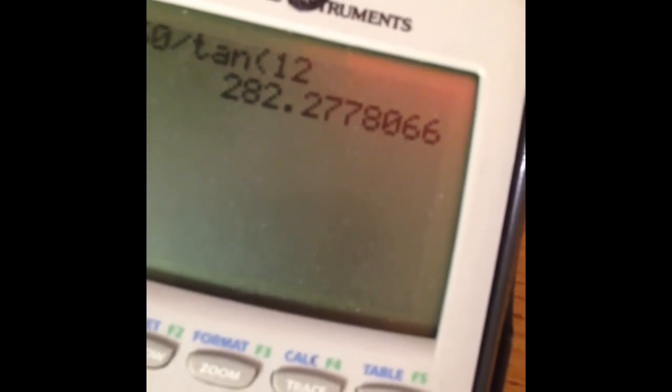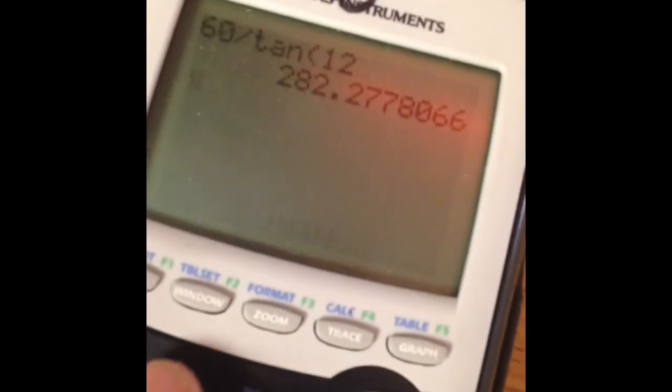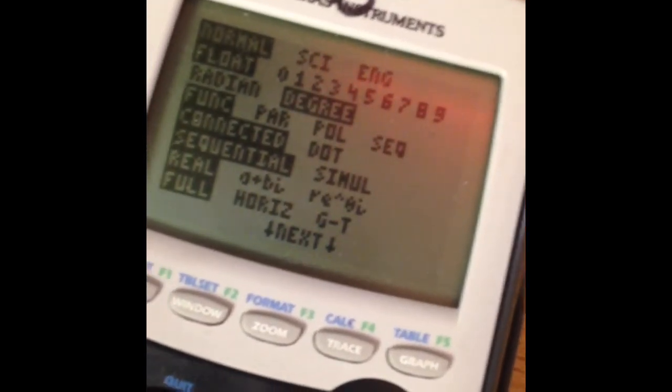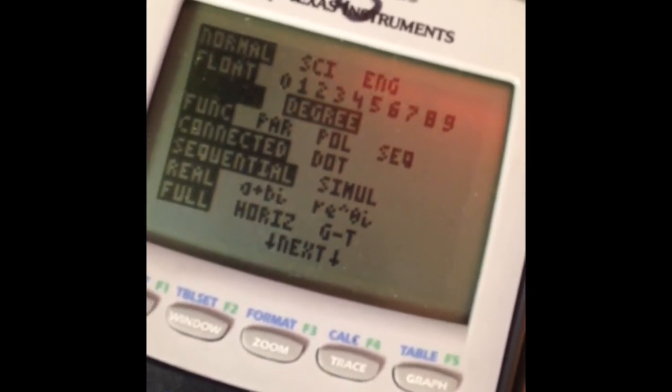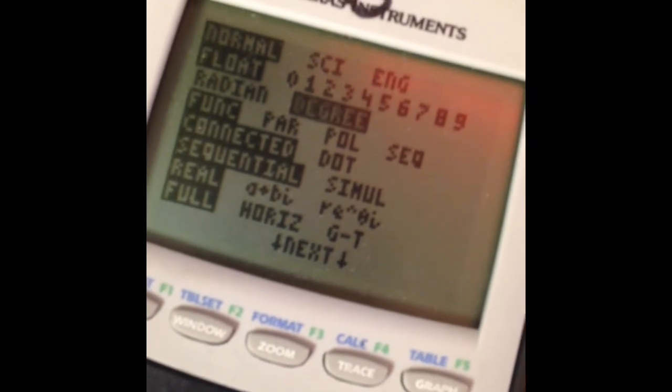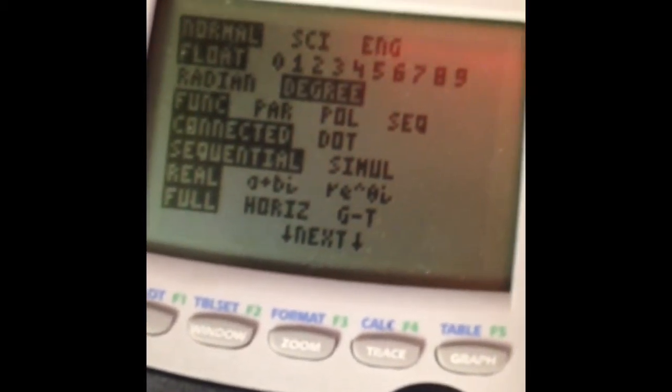I got 282.77. One of the most common problems associated with this is that people have their calculators in radians, and they can't get the right length because they have it wrong. So just make sure you watch out for that. That was the same problem I had, coincidentally. So make sure you pay attention to your calculator.